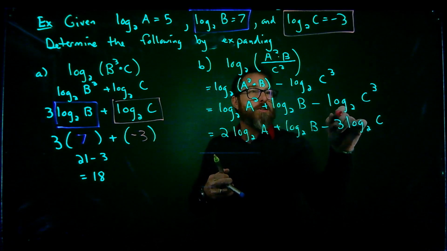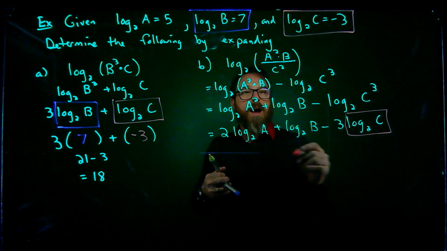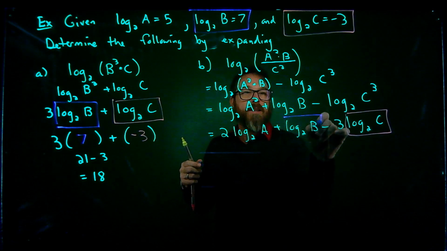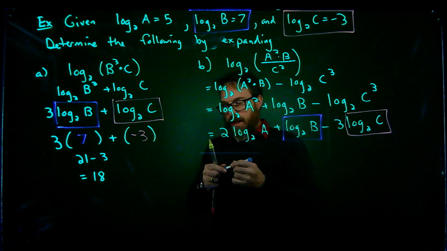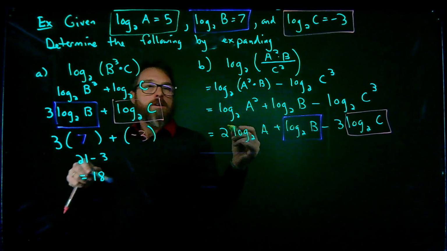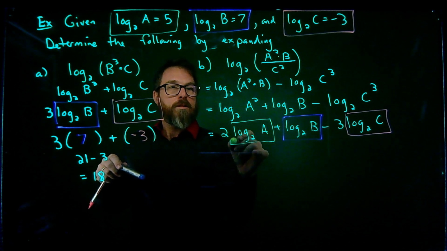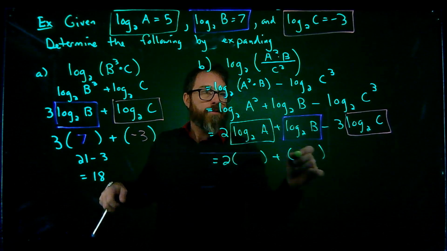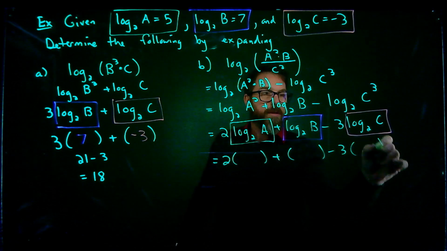And again, I know some of these values. I know the log base 2 of a, I also know the log base 2 of b, and I also know the log base 2 of c. So this is going to be equal to 2 times whatever that is, plus whatever the blue thing is, minus 3 times whatever the pink thing is.